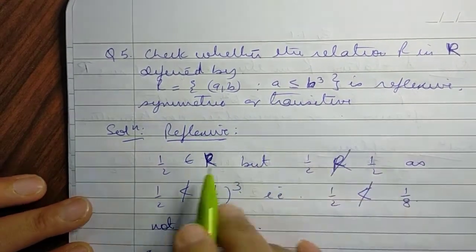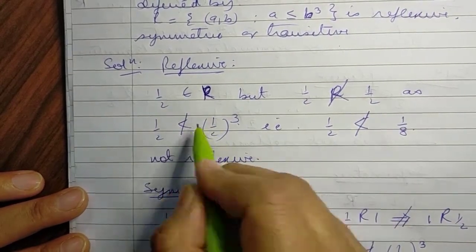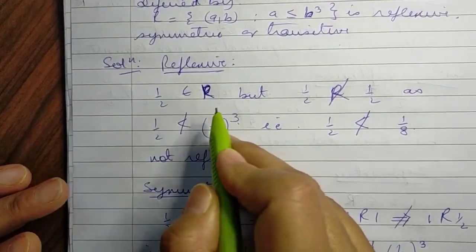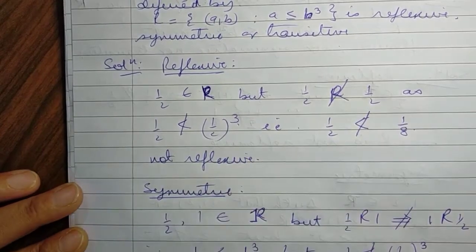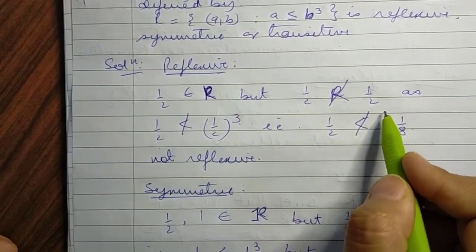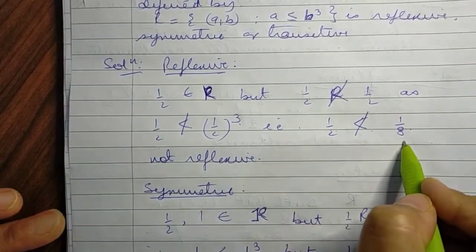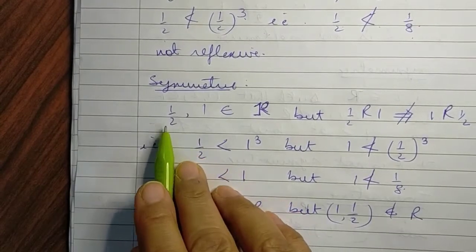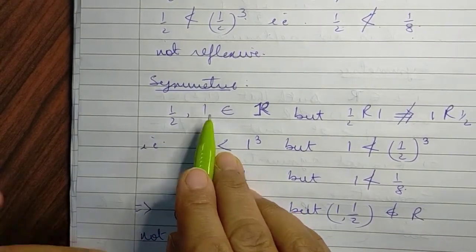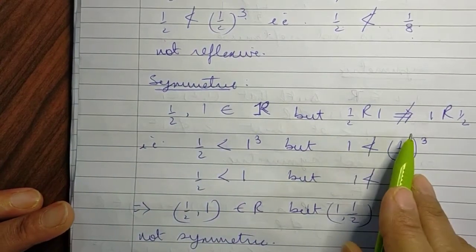For the reflexive property, the same example will satisfy this condition, that is, half is a real number but half is not related to itself, since half is not less than half cube. For symmetric, let us take two numbers half and 1, which are both real numbers, such that half is less than 1 cube.